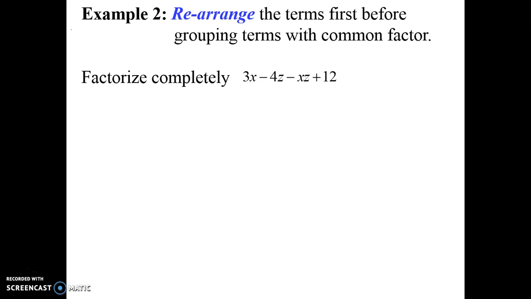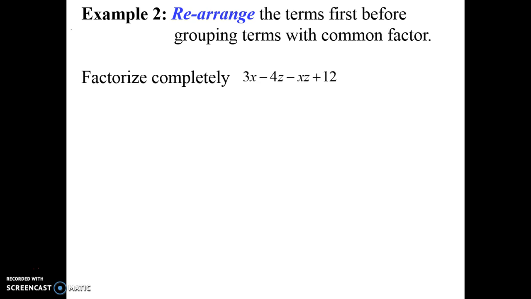In the next example, we will learn that we sometimes have to rearrange the terms first before grouping the terms with the common factor. Let's take a look at this example here. Factorize completely 3x minus 4z minus 8z plus 12.